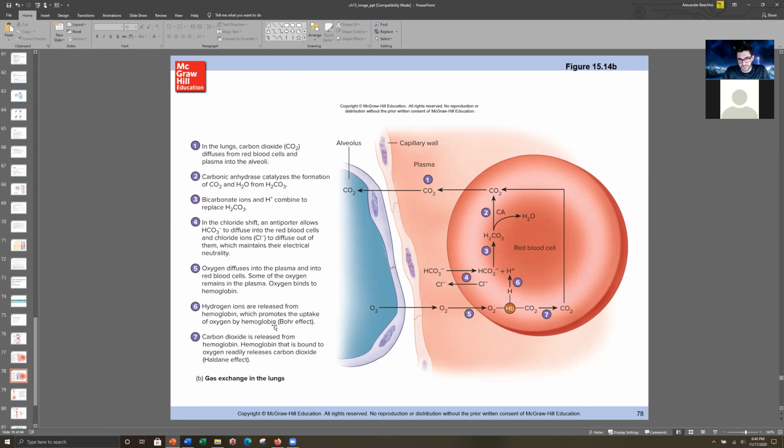Hydrogen ions are released from hemoglobin, which promotes the uptake of oxygen by hemoglobin, the Bohr effect. Carbon dioxide is released from hemoglobin, because hemoglobin that's bound to oxygen readily releases carbon dioxide, the Haldane effect. So the release of a gas from hemoglobin is the Haldane effect, and the binding of a gas to hemoglobin is the Bohr effect.